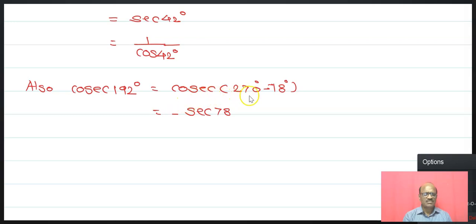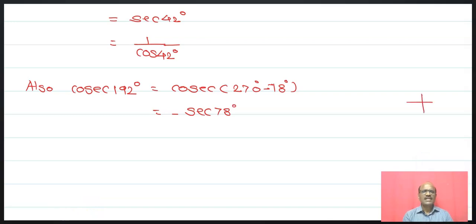Here the integral multiple of pi by 2 is 3 pi by 2, and cosec becomes sec 78. Now we take the reciprocal, which is minus 1 upon cos 78 degrees, with the minus sign because it goes in the third quadrant.